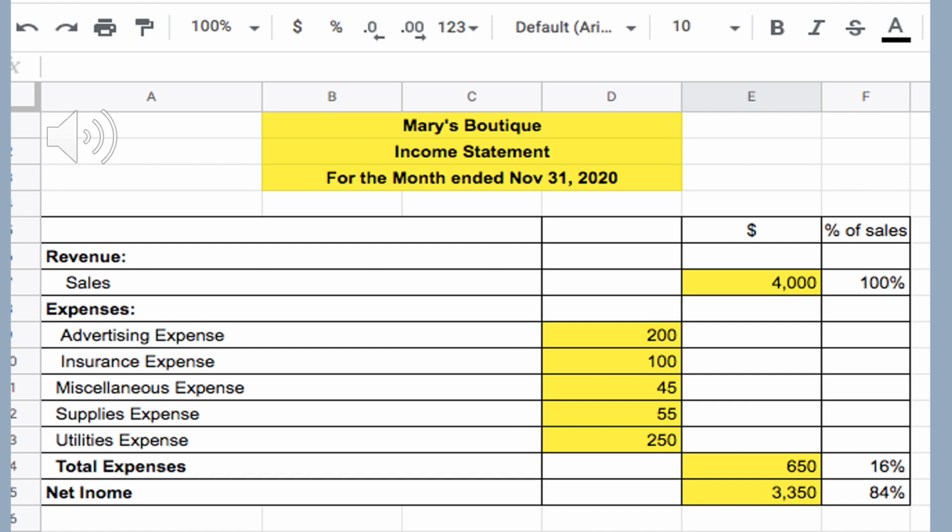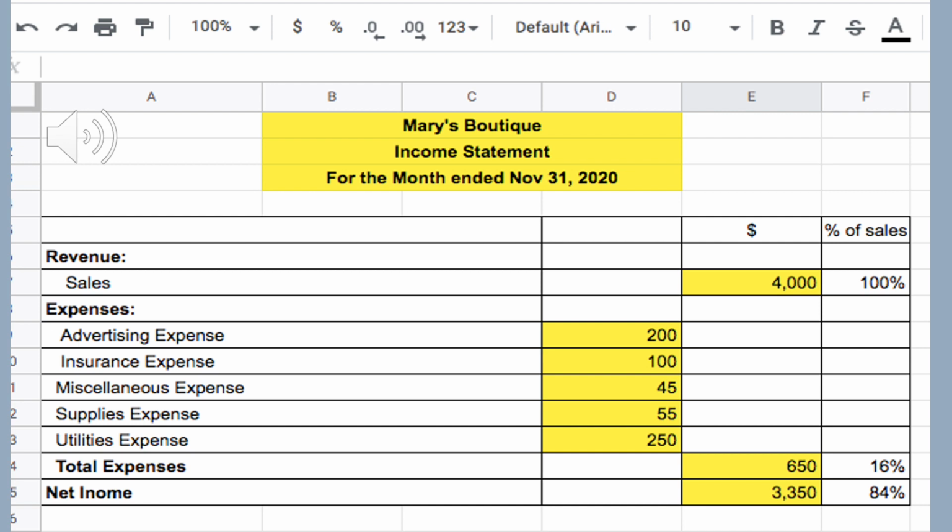Here we have a completed income statement for Mary's Boutique, income statement for the month ended November 31st, 2020. As you can see, I listed my sales, which was $4,000, in the second column, and I listed my expenses in the first column, and that is because I wanted to have that ability to add them up and put the total in the second column.